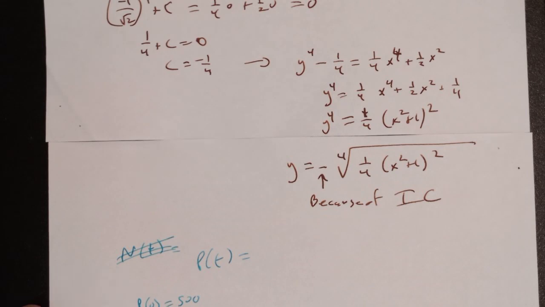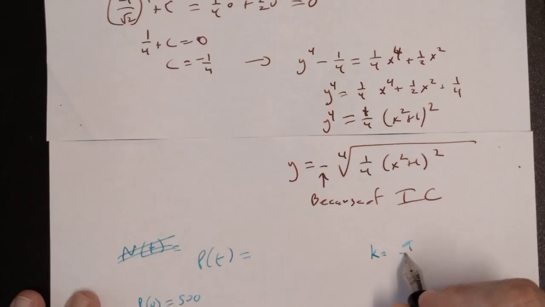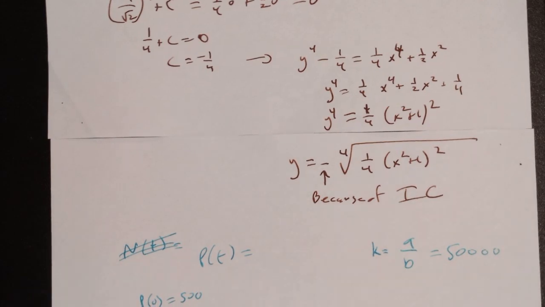You sure about that? See, this is my problem. We actually have a carrying capacity given to us in this problem, right? What is our carrying capacity? We're told in this case that it's 50,000. If I set A to be 500, then B is 1 over 100, right?